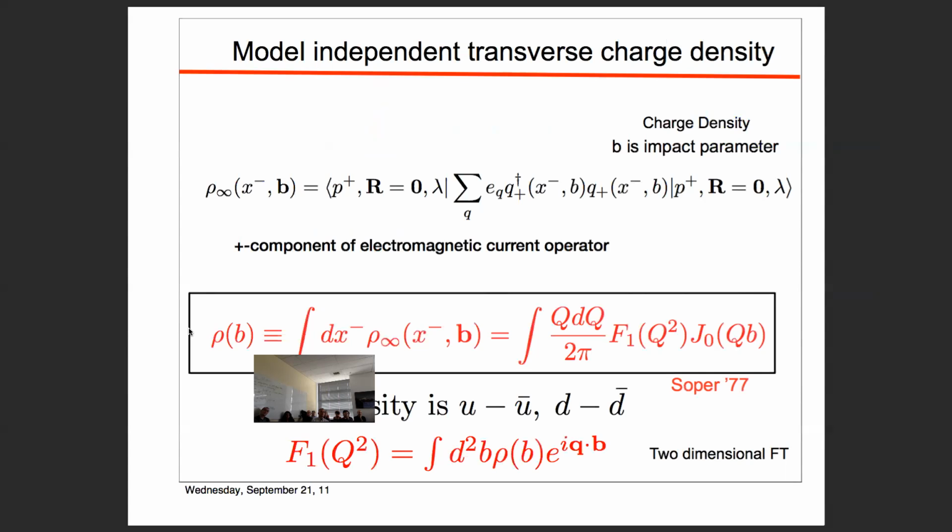And then you can define the transverse density as the integral over all x minus. By doing some math and remembering the definition of the F1 form factor, you get a very nice result: a picture of the transverse density in terms of a 2-dimensional Fourier transform of F1.